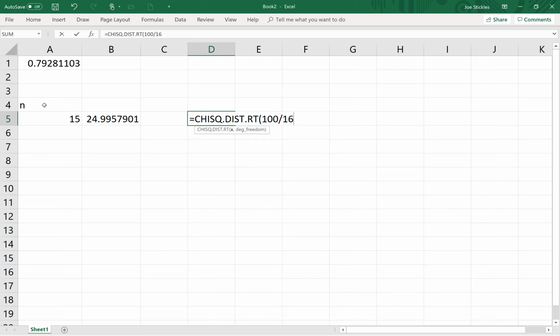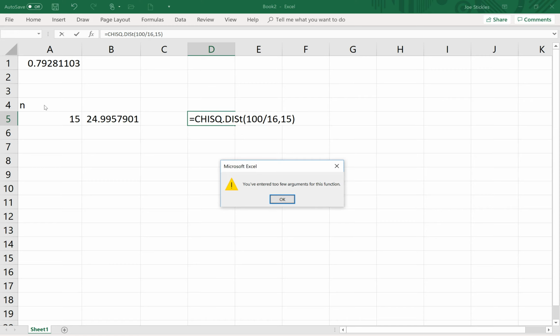We had to divide by 16, but I don't want right tail, I want left tail. It'd be 100 over 16. That's the c value divided by the 16 because our variance was 16 in that case. And it would still be 15 degrees of freedom. I want true.